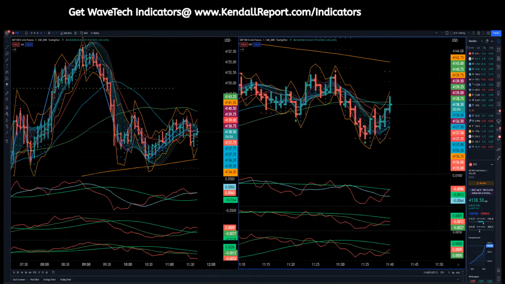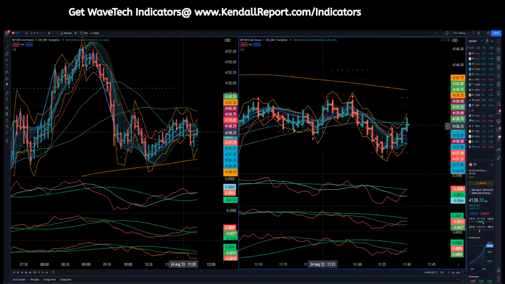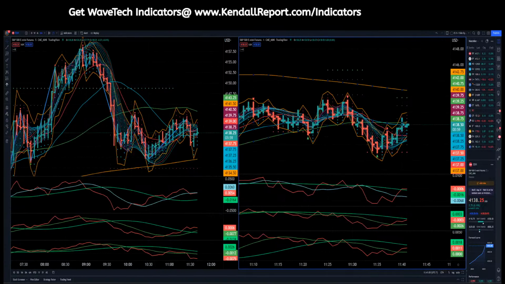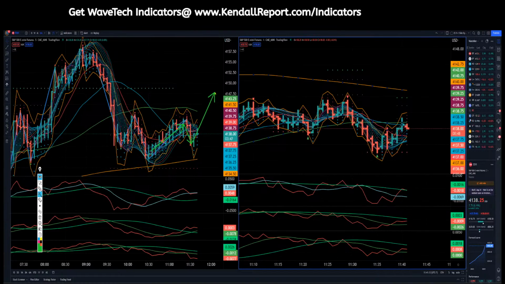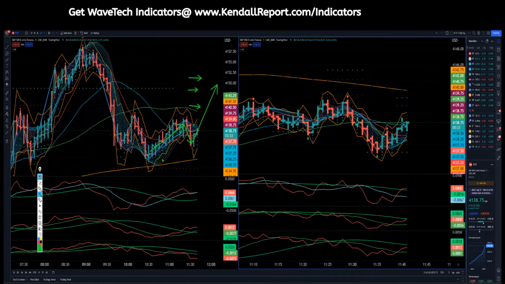A couple things are likely to happen on this chart as we go through here. So let me mark up a couple things here so you can see exactly where this is, the pattern I'm just talking about. What we're looking for now is where the pattern recognition tool along with the fib projection tool will potentially put some targets up here for this rally if it's going to materialize.